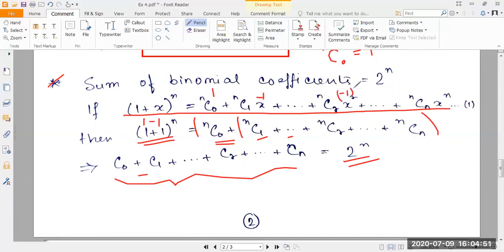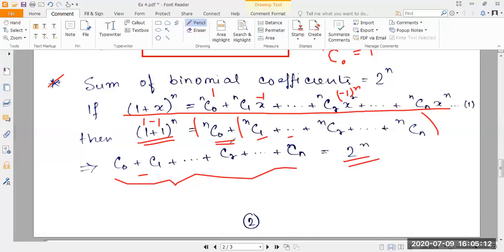Now, if the term is an odd term, then the exponent will be even, which means this minus won't be there. So for an odd term, the sign will be positive. But for an even term, this exponent will be odd and the minus will be there. So for an even term, there will be a minus in front.